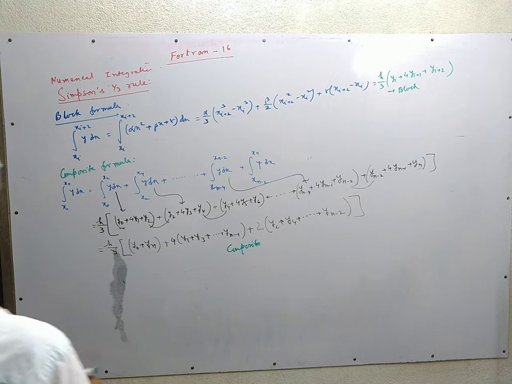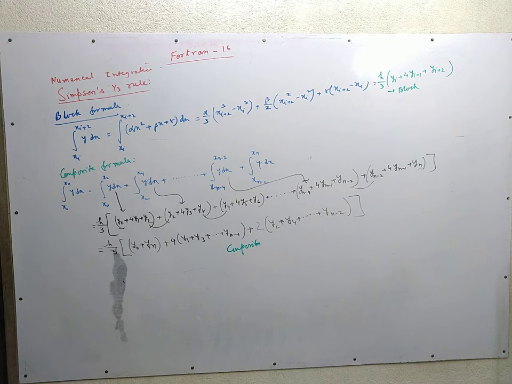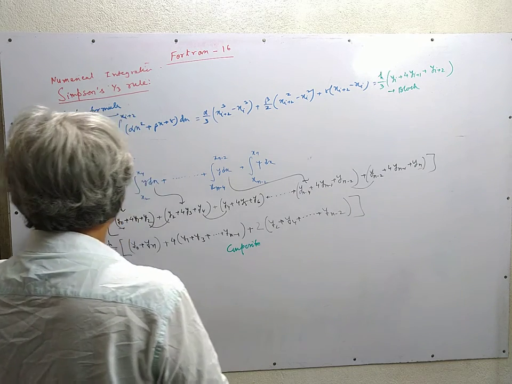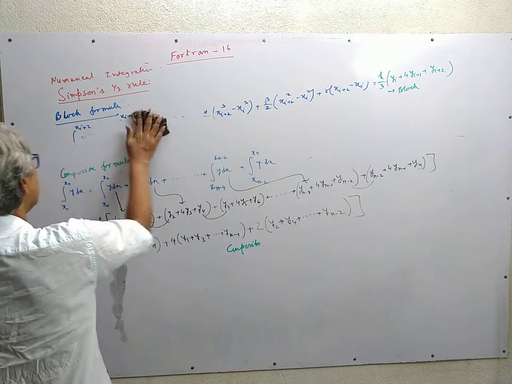Now we are to make a program for this. Before going to the program, let me write the formula for Simpson 1/3 rule, and remember that n must be even for Simpson 1/3 rule.